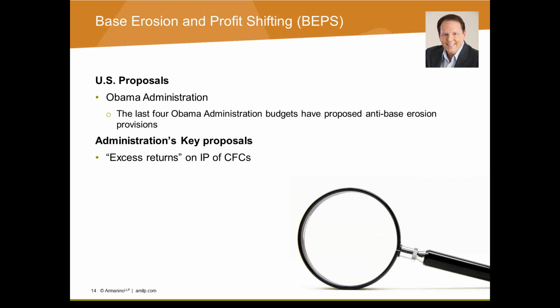And so the administration believes that's excessive, and so they believe that there should be some sort of change to the tax code, that excessive returns on IP income have to be taxed in the United States through what we call Subpart F of the code, just basically meaning that if there's an excessive return on IP income in the foreign jurisdiction, there'll be a deemed dividend of sorts back to the United States.